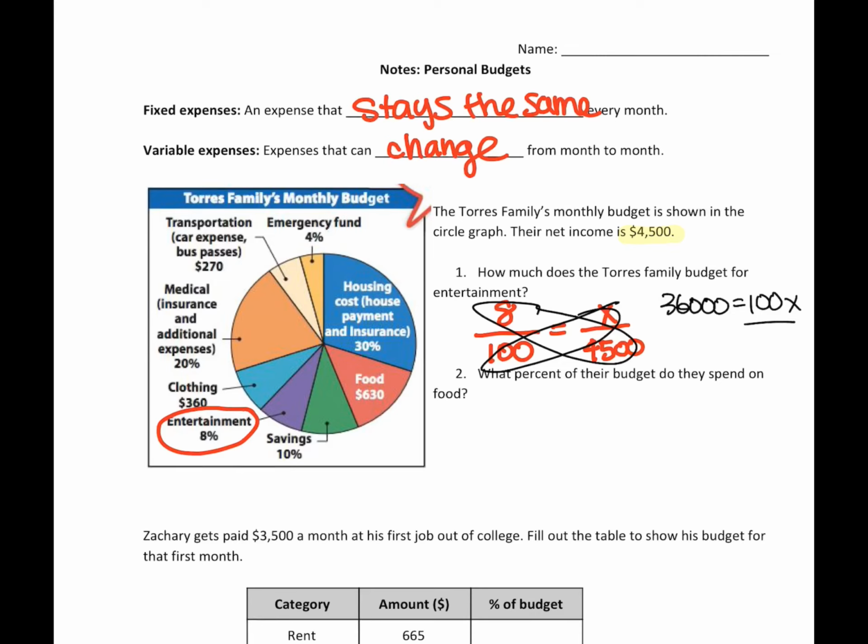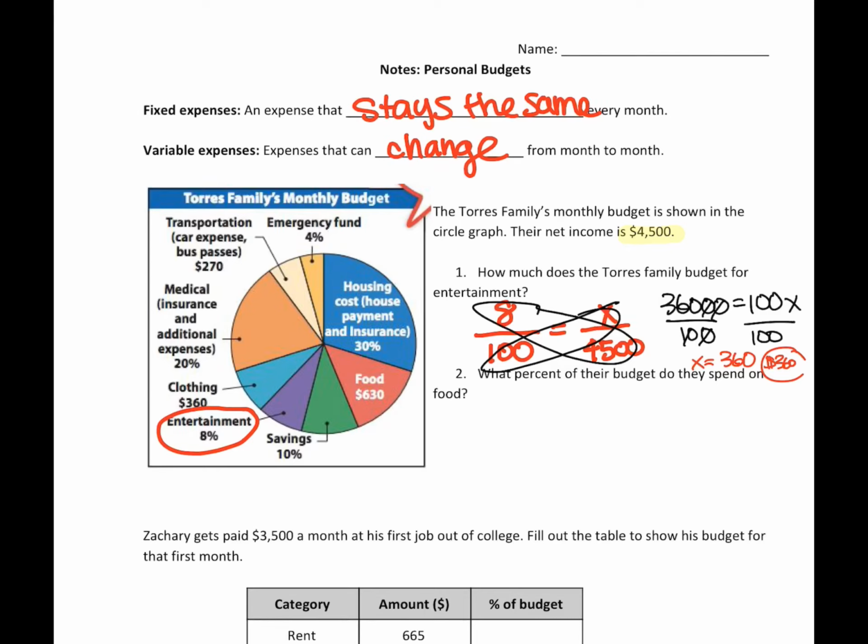And then based off of our knowledge on division with 100, we can just cross out the zeros. And we know that x is just equal to 360. So we know that would be $360. So we can say that the Torres family spends $360 on entertainment.